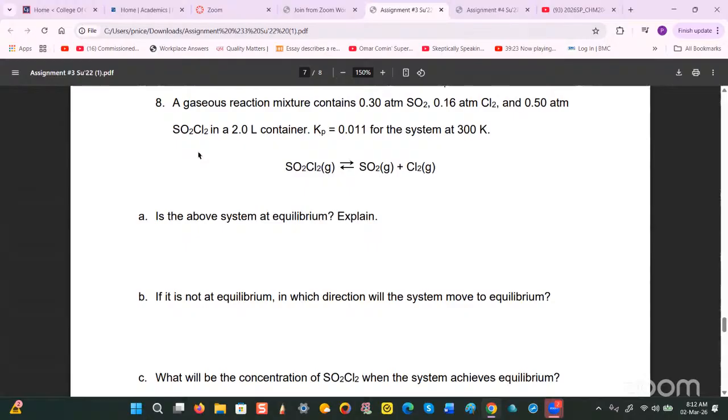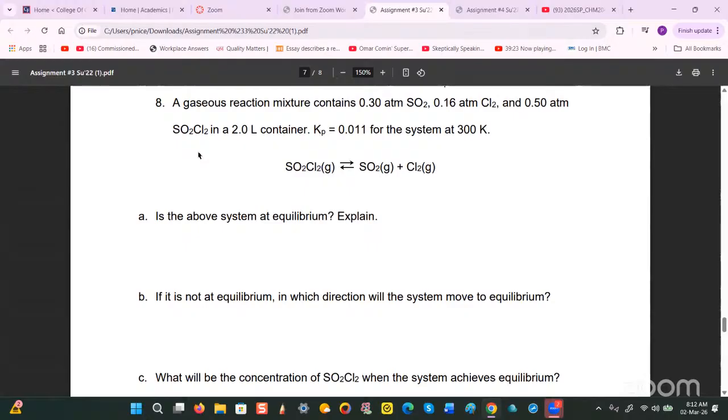It gives the Kp for the system, and it gives you the equation, and the question is asking, is the above system at equilibrium? So that's the first question. Is the above system with those values for the pressures at equilibrium?